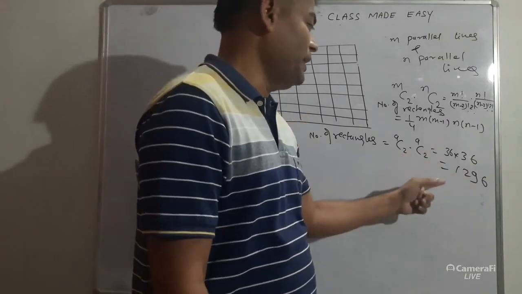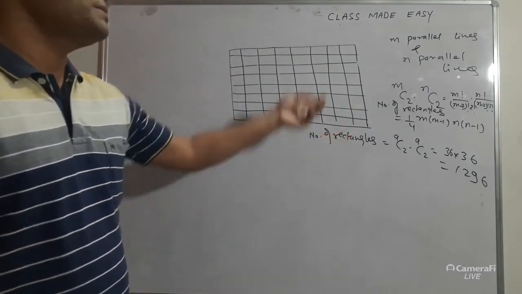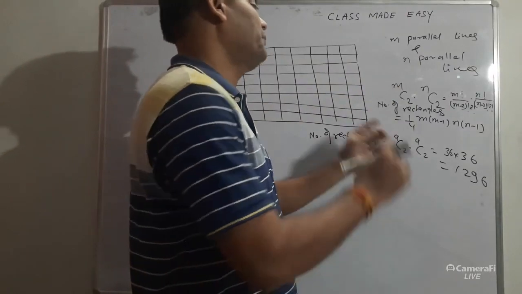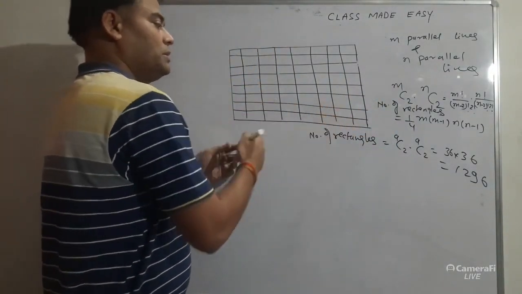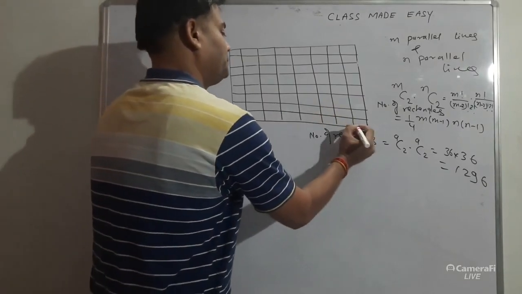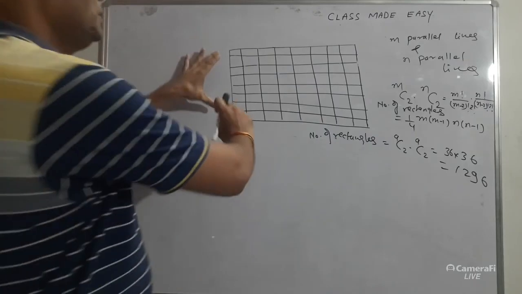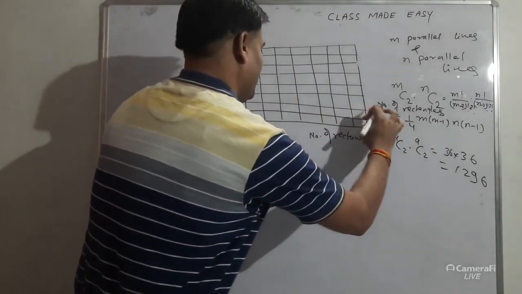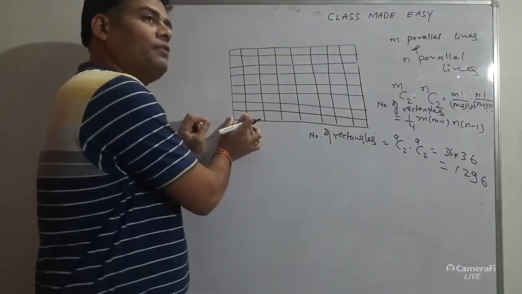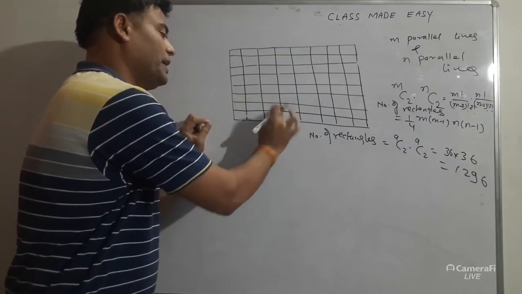Now we will find how many squares are there. So these are the rectangles. If I determine the squares, simple squares. Now see, in this first line you can see this is a square of 1 by 1. One length, one width, one length, one width, one length, one width.